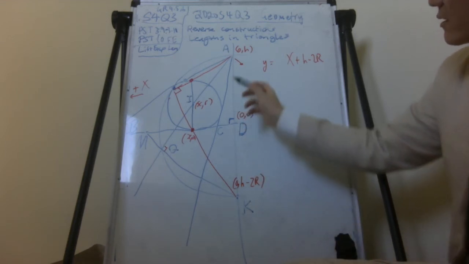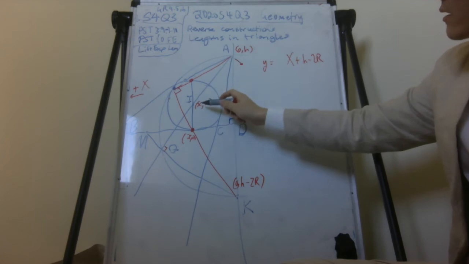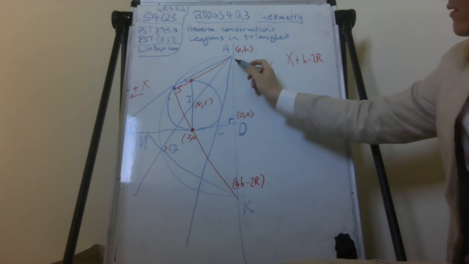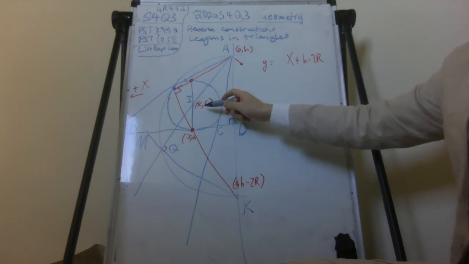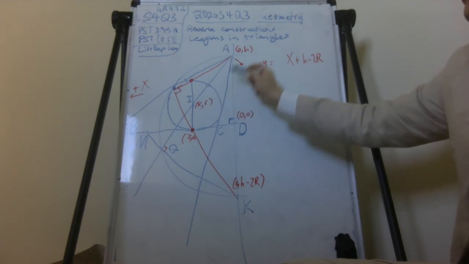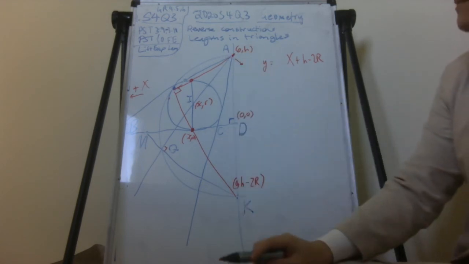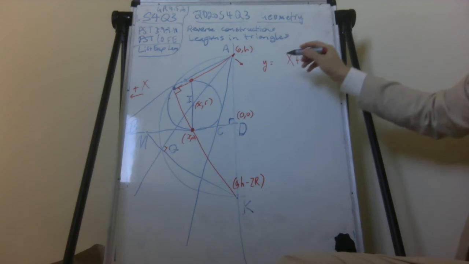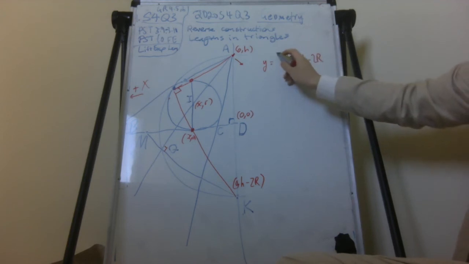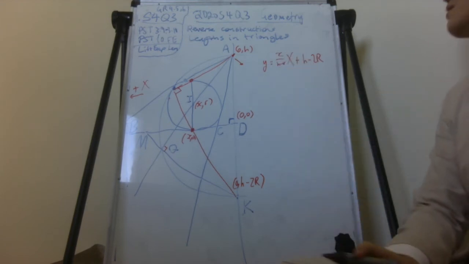And the gradient is this gradient here, right? So this is r minus h on x, the gradient from these two points. And then you want the negative reciprocal for the perpendicular line, right? So it's x on h minus r.